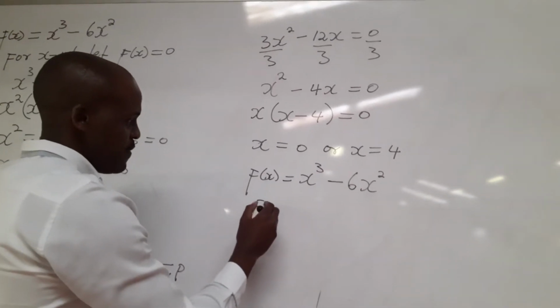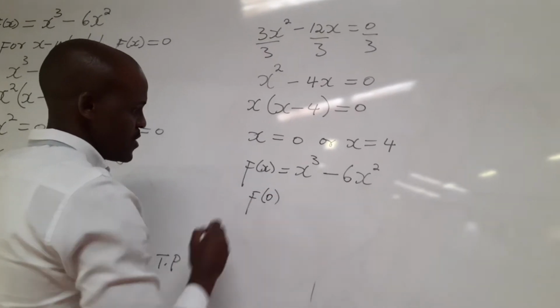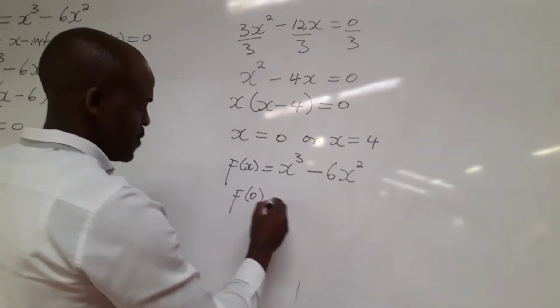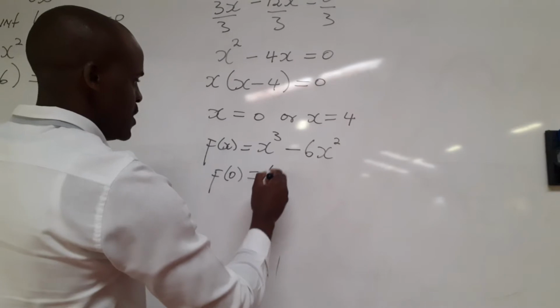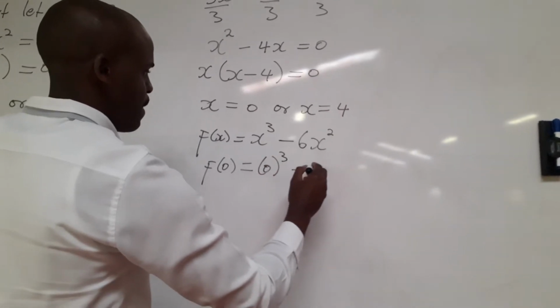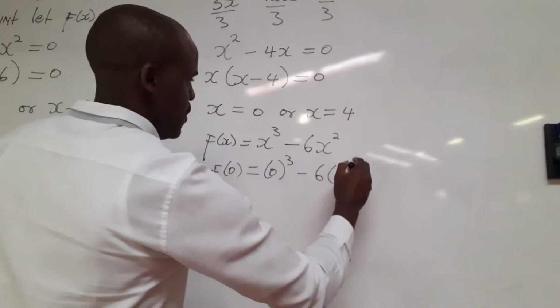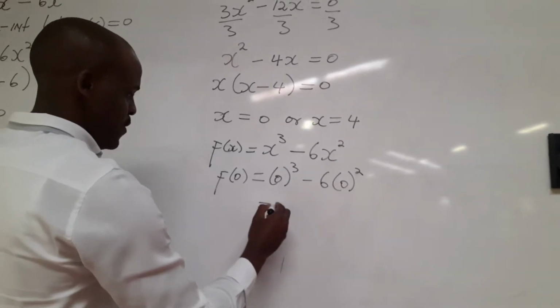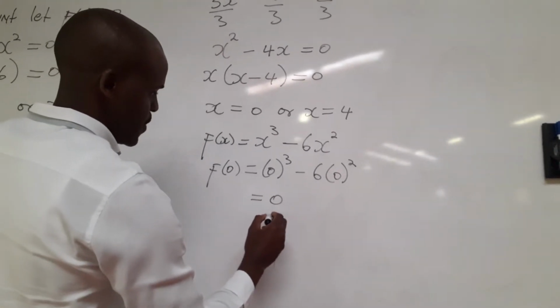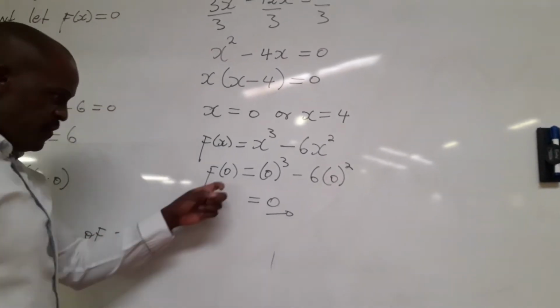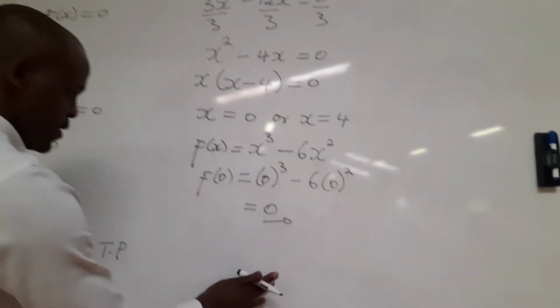Let us firstly find f at 0, that value of x, into 0 minus 6 all squared. Therefore, the answer is 0. f at 0 is 0.